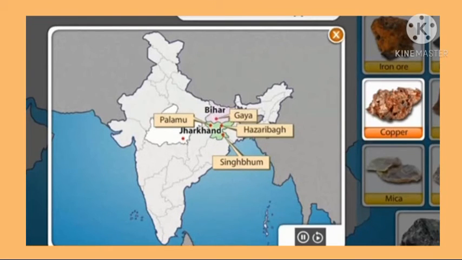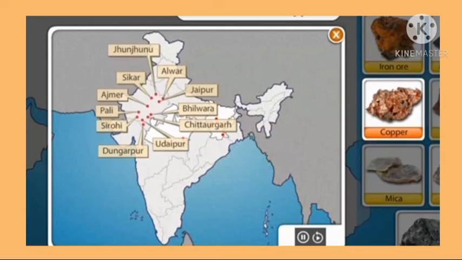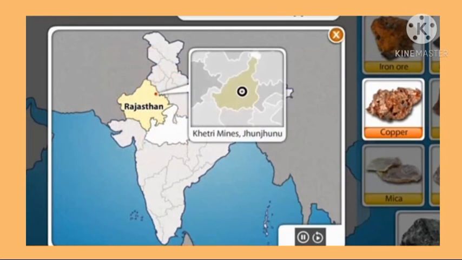Bihar is another leading producer of copper. Copper mines are also widely distributed in the state of Rajasthan. The Khetri mines in the district of Junjunu are particularly well known.